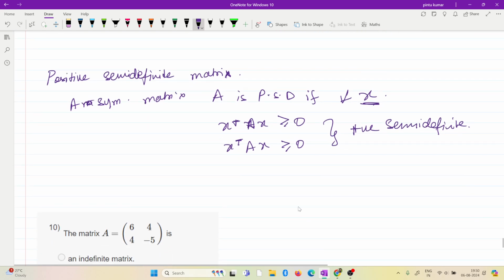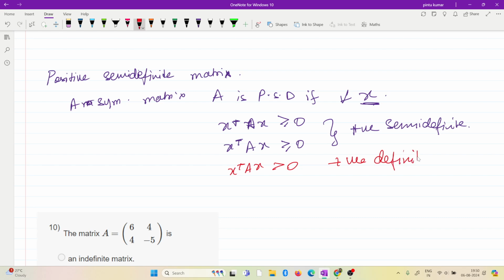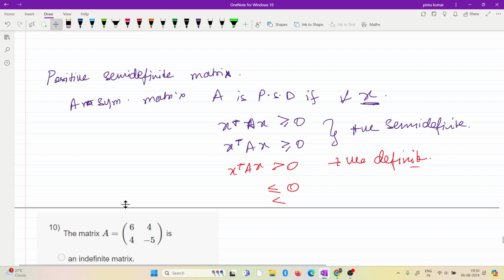There is a stricter definition. For example, if your x transpose Ax is strictly greater than 0, then it is called a positive definite matrix. So we don't have any semi. It is a positive definite matrix. Similarly, you can have definitions for negative semi-definite and negative definite matrices.